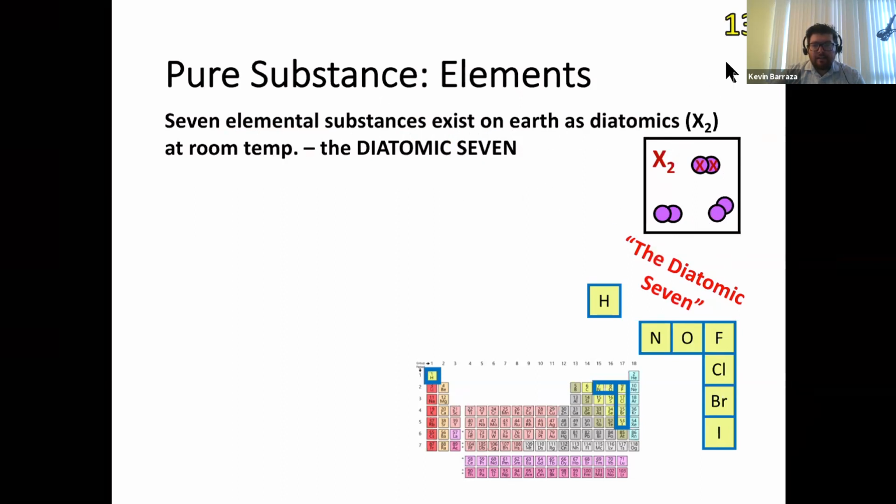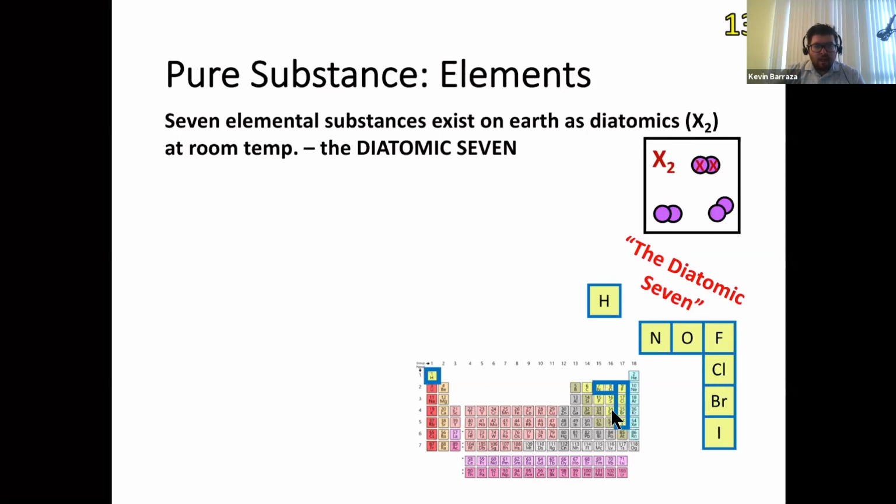So they exist as diatomics at room temperature. And yeah, we can use the terms monatomic, diatomic, and so forth to label anything. So if each particle is made out of 3, then it's triatomic. So yeah, H2O is triatomic because it has 3 total atoms in it.